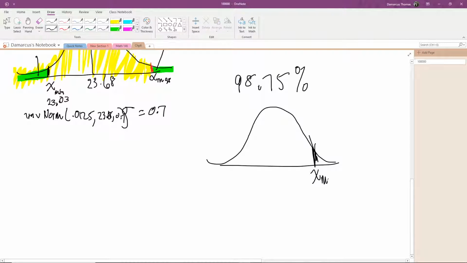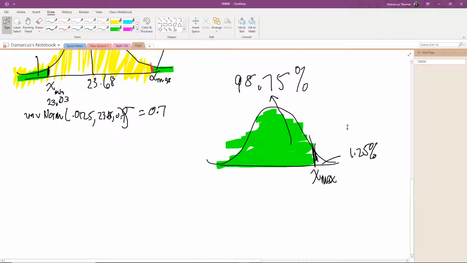So X max, this region represents 98.75%. This little piece is the other 1.25%.